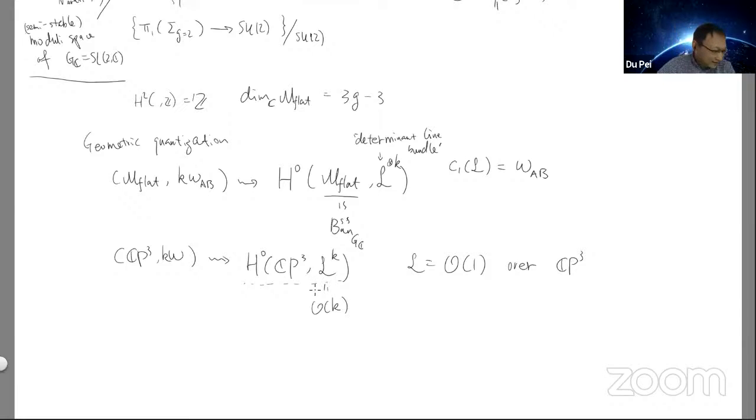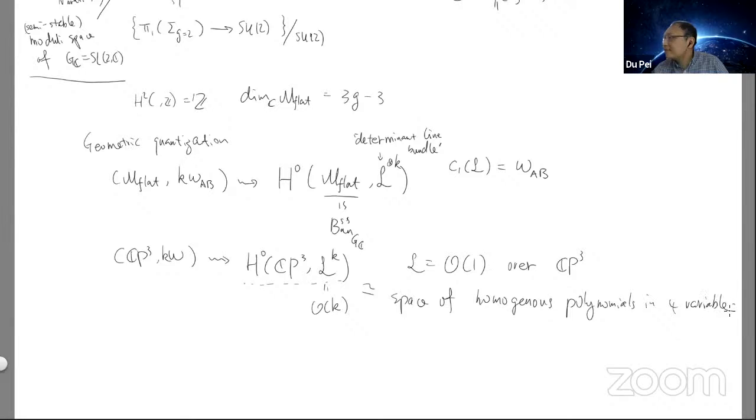So this space is also the space of homogeneous polynomials in 4 variables with degree k.